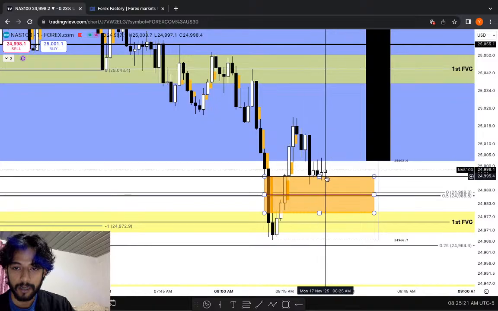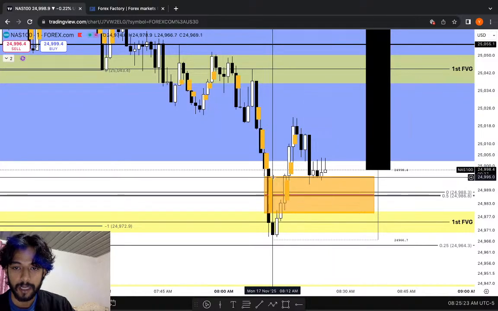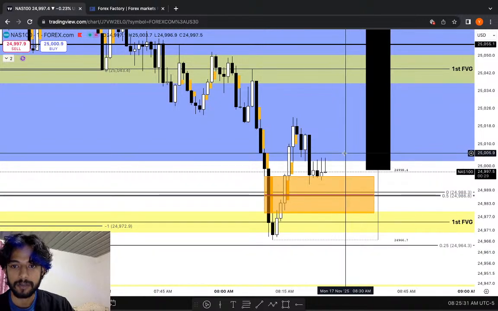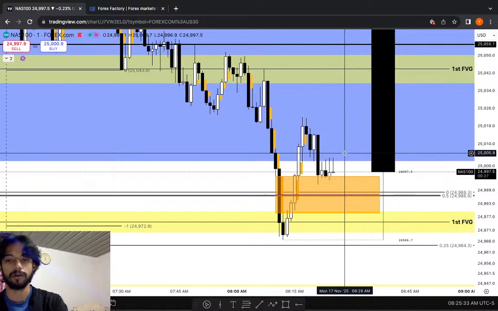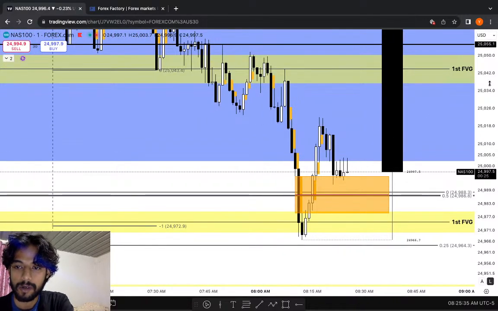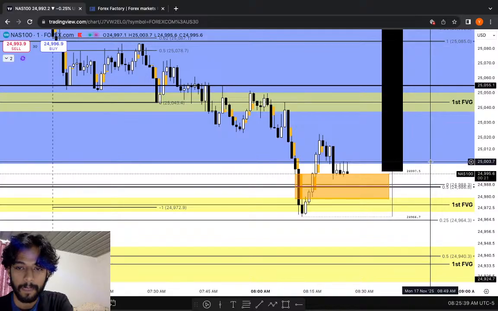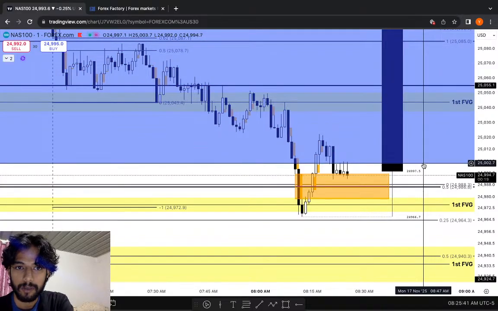But still look at that. Bodies of the candle respecting the high of this gap. And from 8:30 it can start to move higher or lower, because I'm not holding any hard biases as of now, because I'm not looking to push the button now.